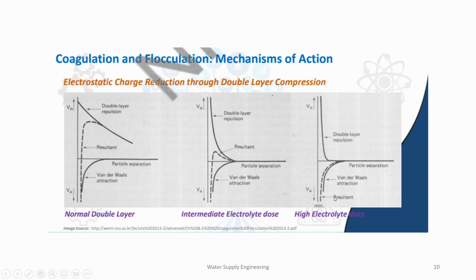And if the electrolyte dose is very high, then the double layer repulsion will be completely reduced, and the van der Waals attractive force will override the double layer repulsion, giving a resultant force which is attractive in nature. So, floc formation or coagulation will be achieved.